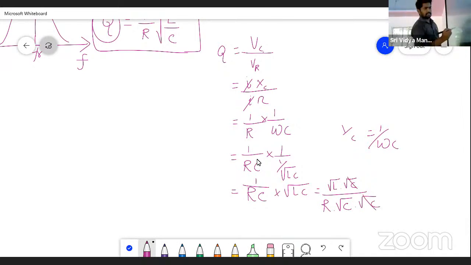The final quality factor Q is equal to 1 divided by R times the square root of L divided by C.